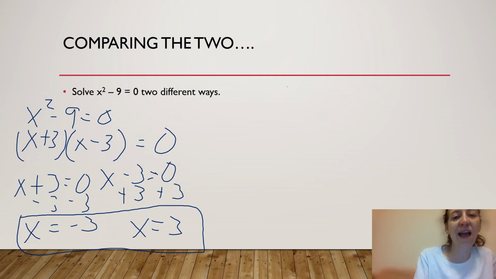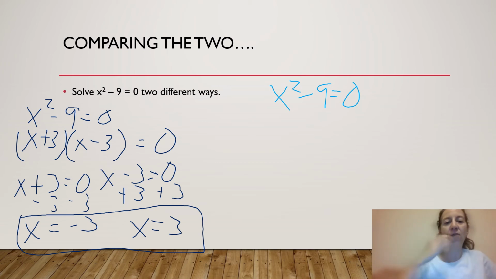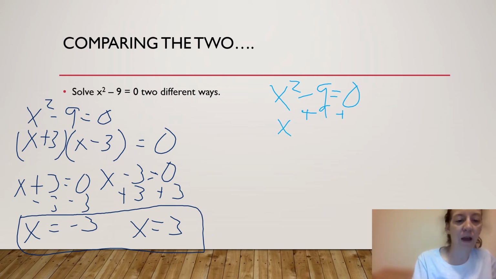Now we can actually use another strategy for this because it fits that template of there's no x term in it, or our b value is 0. So the way that would work is we would add 9 to both sides, and we would get x squared is equal to 9.